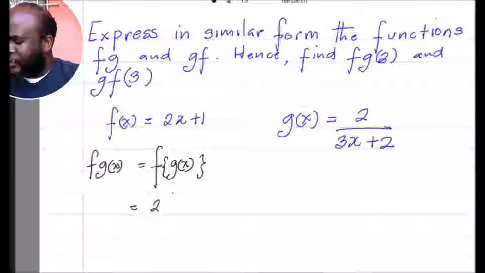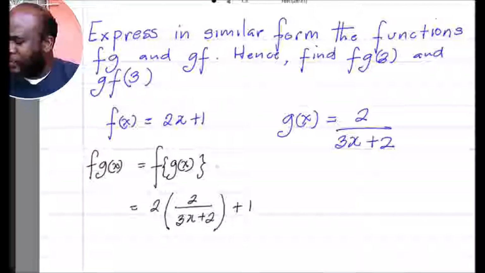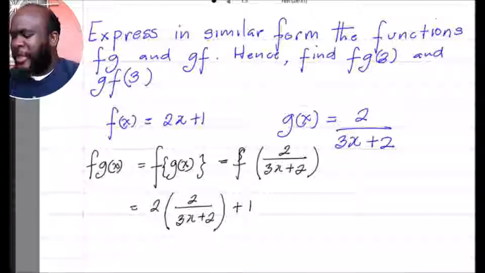But I'm going to take out x and put what? g of x, which is 2 over 3x plus 2, plus 1. So in other words, f of g of x is the same as saying f of 2 over 3x plus 2. In f, wherever I see x, I must take out x and put g.